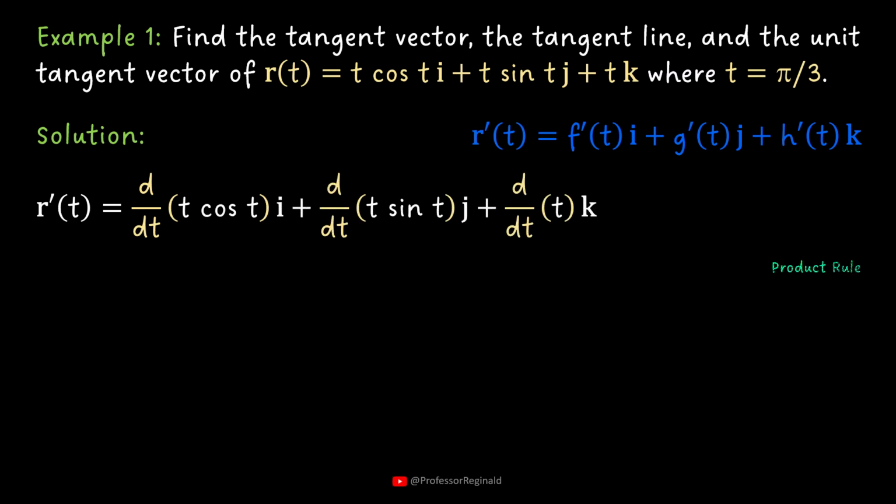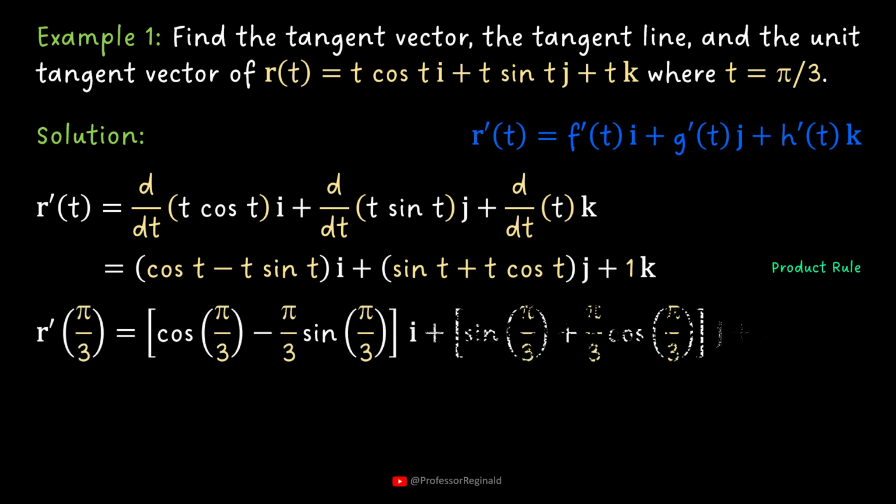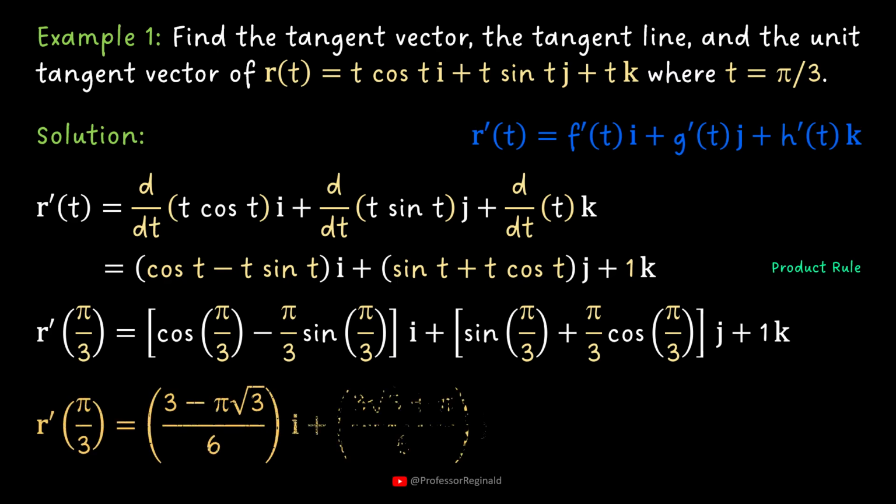Apply the product rule as well as differentiation rules for algebraic and transcendental functions. Then substitute t equals pi over 3 to get the tangent vector at the given value of the parameter. Therefore, this is the tangent vector to the curve where t equals pi over 3.